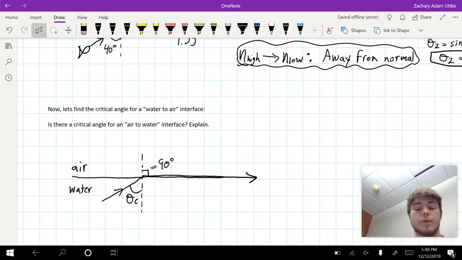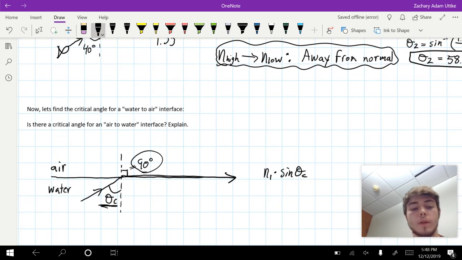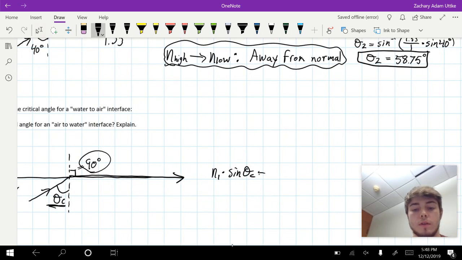So if we think about it, it's actually not too complicated to figure out how to find it because we have this 90-degree angle. So using Snell's law, take n1 sine theta c, so where we're coming from, equals n2, the less dense medium that we're going to, times sine of 90 degrees. And this is really the important part.